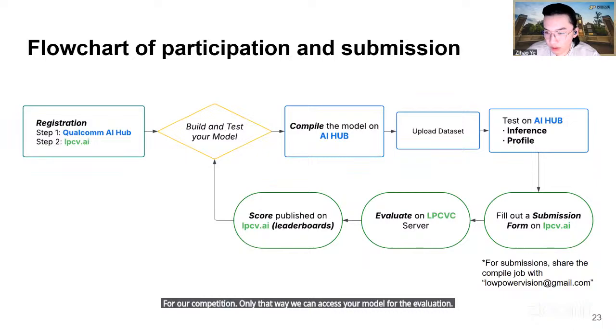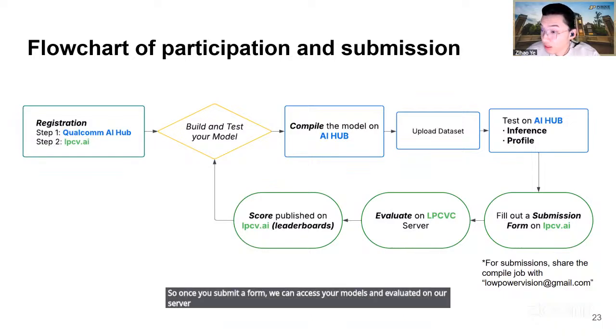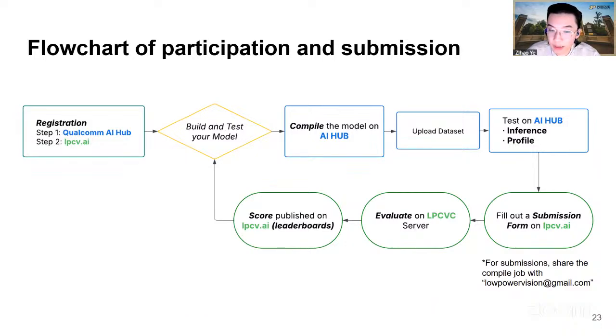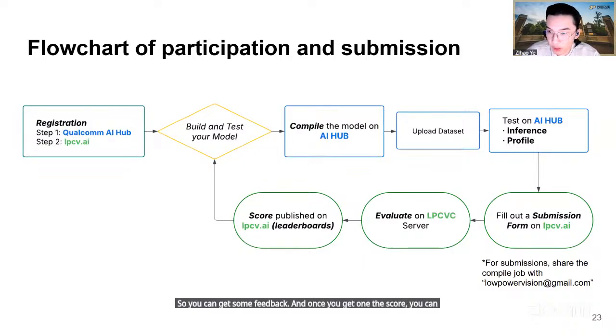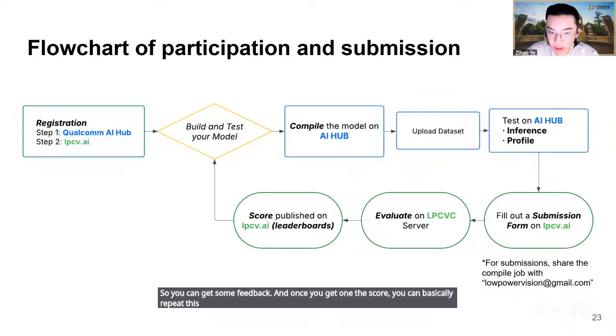So once you submit a form, we can access your models and evaluate it on our server. And for the valid submissions, we'll publish the score on the leaderboards on our website so you can get some feedback. And once you get the score, you can basically repeat this build, test, and submit process during the submission window.